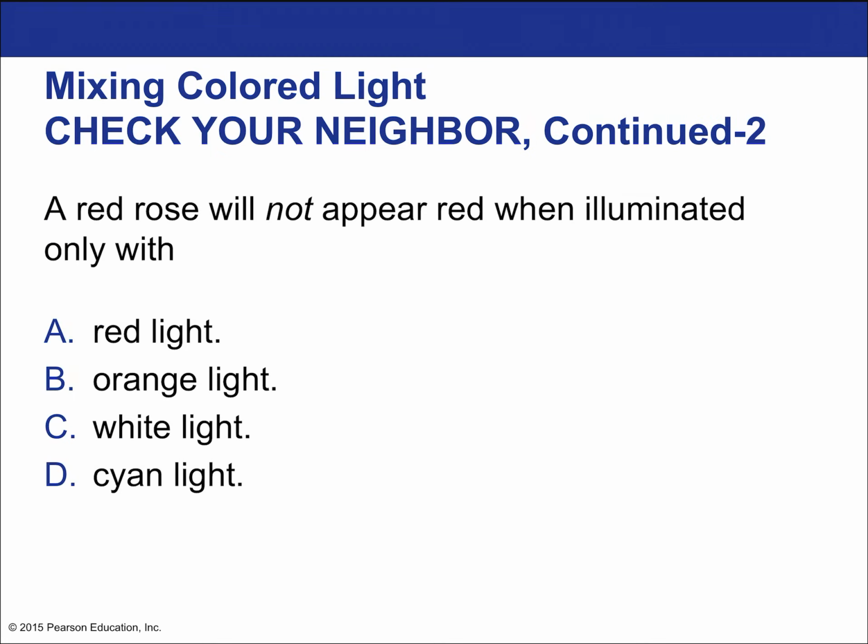All right, so a red rose will not appear red when illuminated only with... So think about this. What color would make it so we don't see red? We need a light source that doesn't have any red in it. Which of these? Well, obviously not red. Orange has red in it. White obviously has red in it.